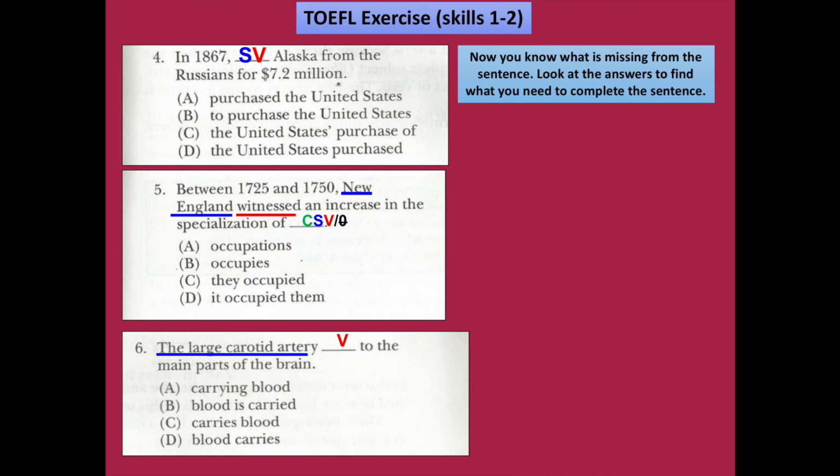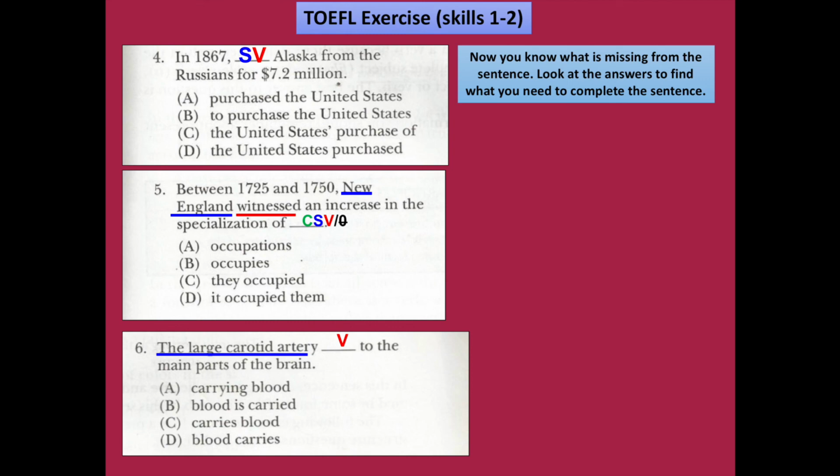Okay? So make sure you choose the answer that matches what you said the sentence was missing. If you only need a subject, the answer should only have a subject. If you only need a verb, the answer should only have a verb.